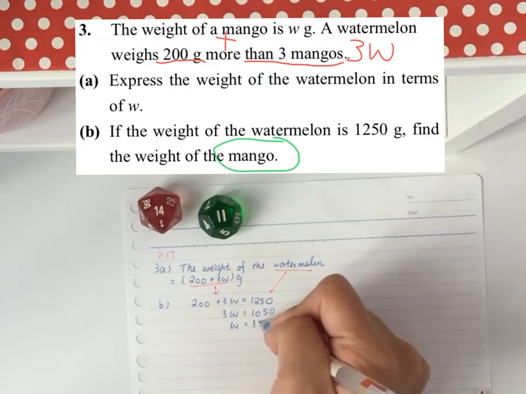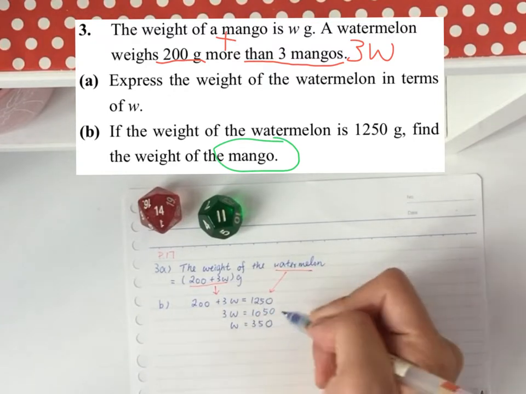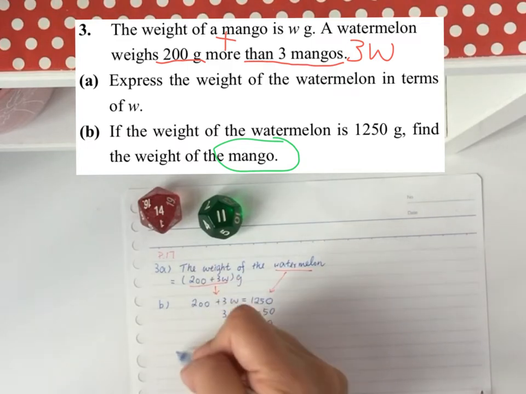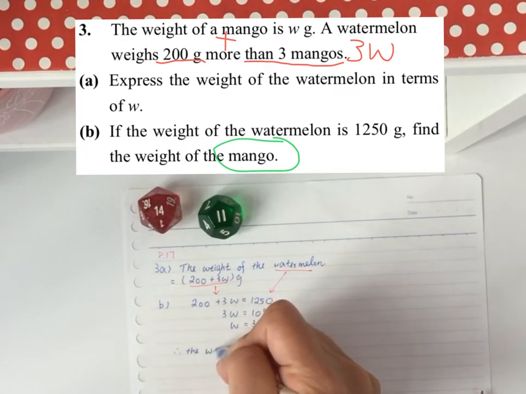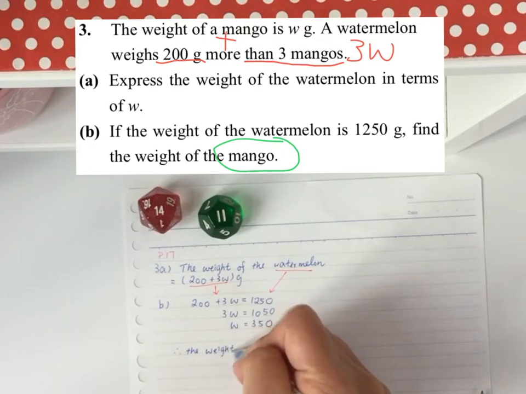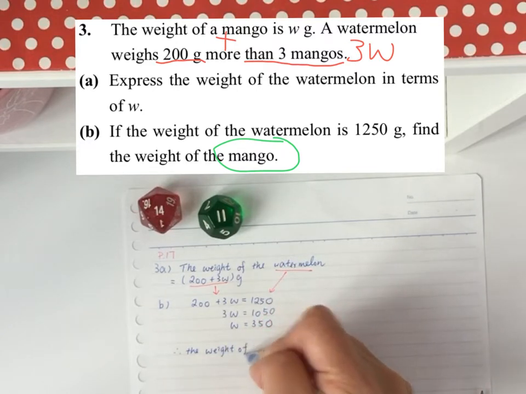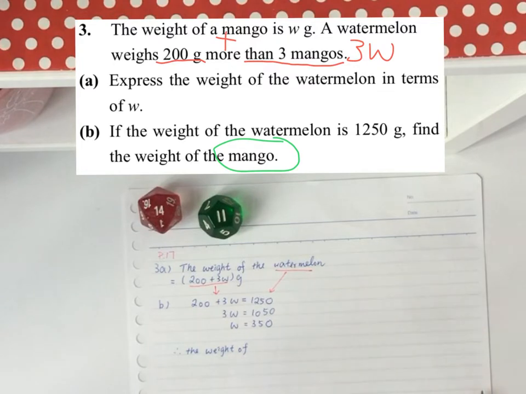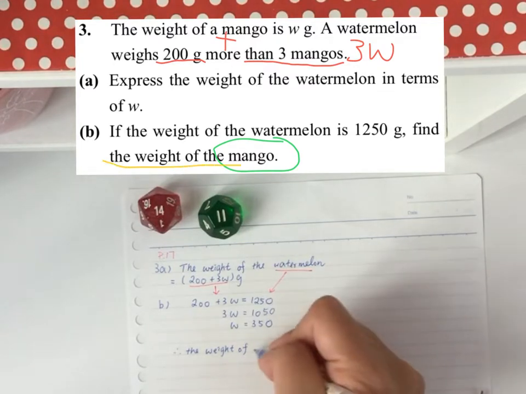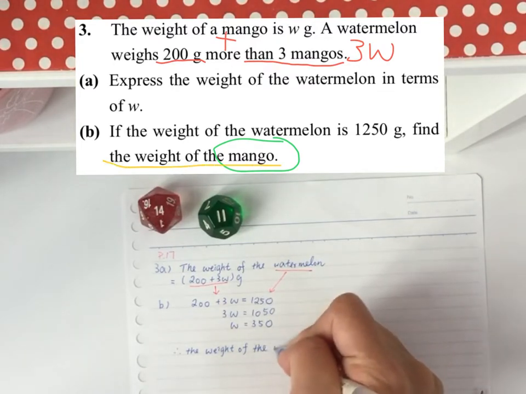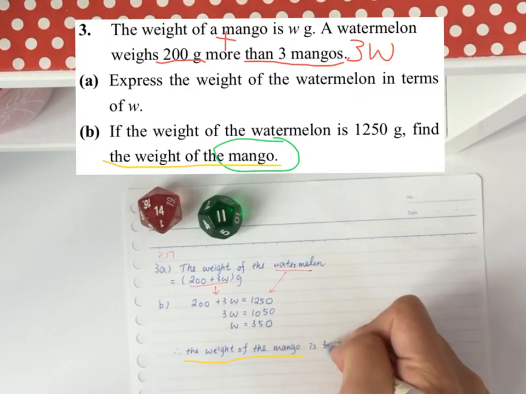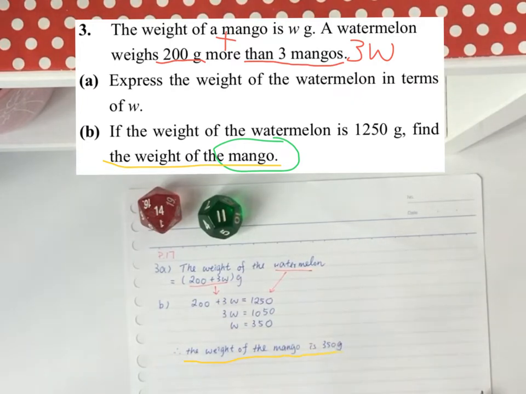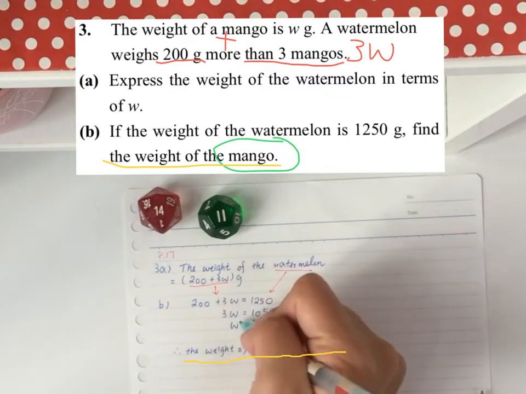After we calculate, we get W to be 350. But it is a word problem, so we have to write the answer back. Copy the sentence: the weight of the mango is 350 grams. Don't forget to write the unit at last.